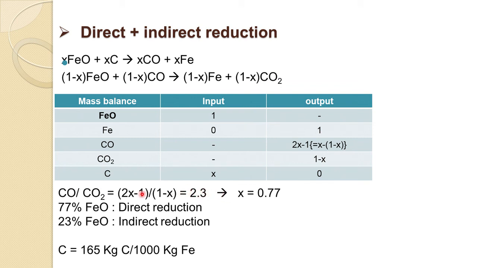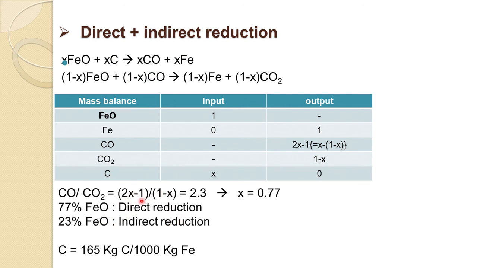So, that gives you x equal to 0.77, which means about 77% FeO will get reduced directly with carbon, and the remaining 23% FeO will be reduced by carbon monoxide, that is indirect reduction.